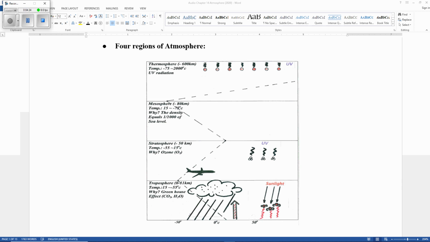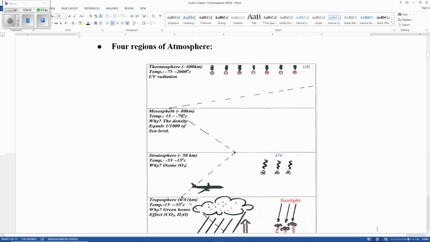The second one is called stratosphere. The third one, mesosphere. And the last one, thermosphere. So that's 4 regions.